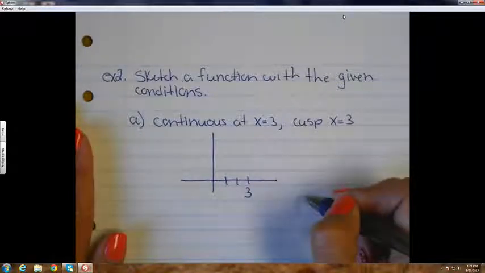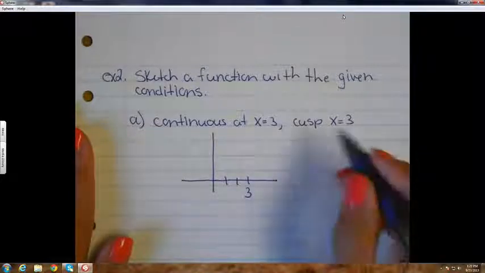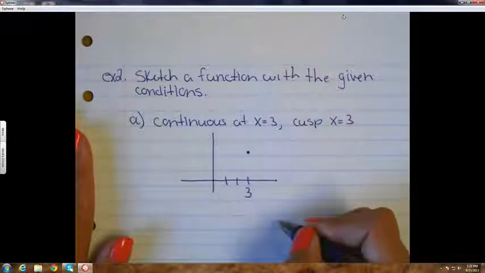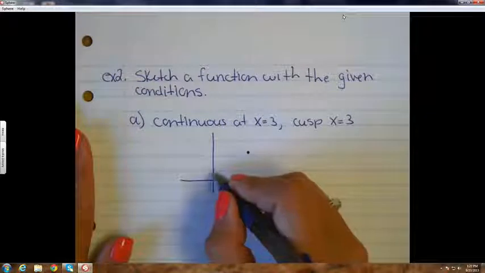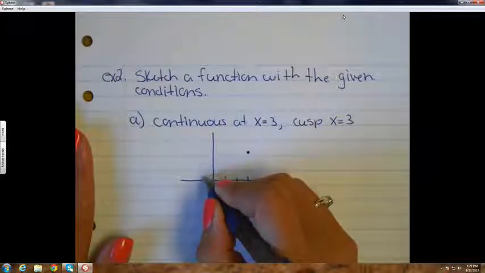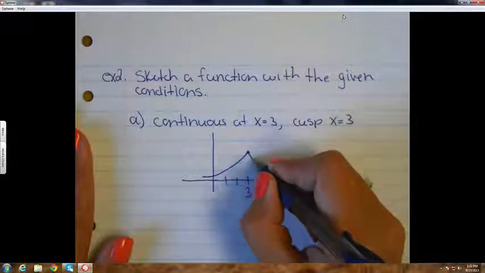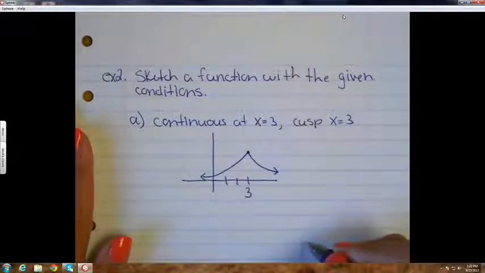I have to be continuous there, so it can't be a hole or an asymptote or a jump, and I have to have a cusp there. So it's just knowing what a cusp is on this one. A sharp change in direction. I would say maybe if I come in like this, and then sharply change, come back down, scoop away. There it is. That's an easy one.